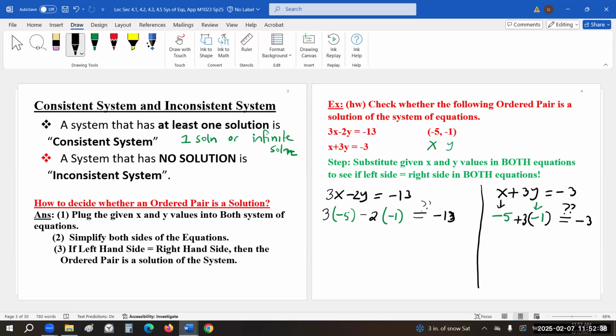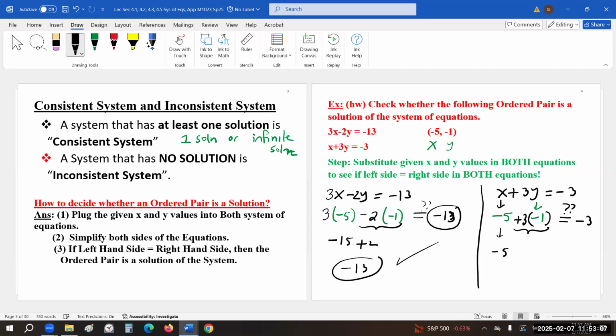So on the left side, we have 3 times negative 5. What is 3 times negative 5? Negative 15. And we have negative 2 times negative 1, plus 2. And what is negative 15 plus 2? Negative 13. So this side does give us the same number. But how about the other equation? We have negative 5.